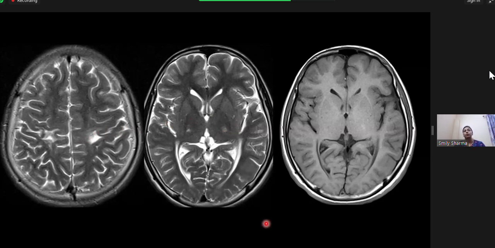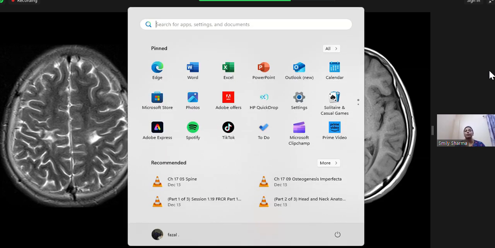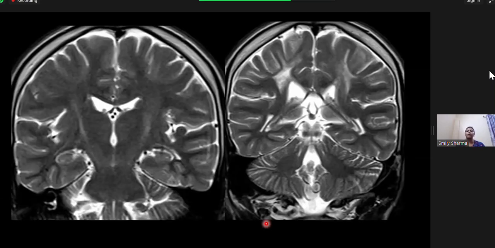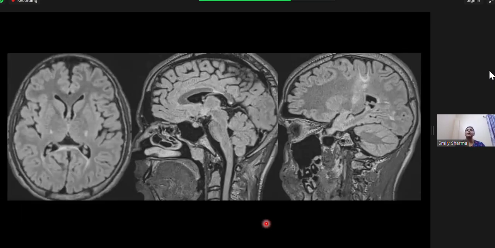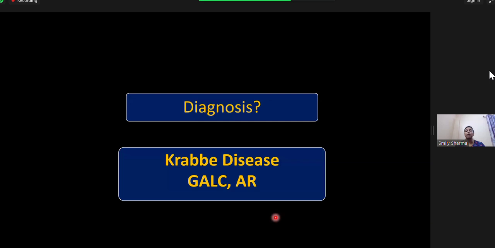So this is one of the specific features of Krabbe's disease, and it is differentiated from ALS because it is also involving the optic radiations, not just the corticospinal tract, and it is also involving the splenium of the corpus callosum. So in Krabbe's disease, there are different patterns which can be seen.